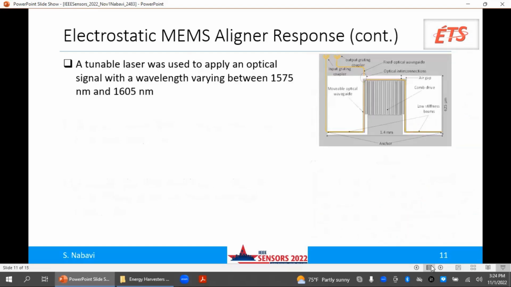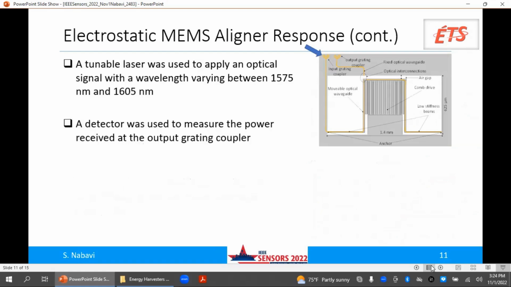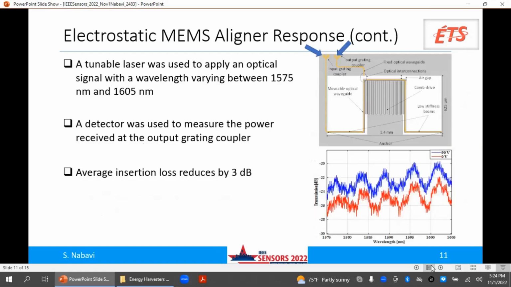So now let me show you the optical characterization. In order to characterize this linear actuator optically, we use the tunable laser. We apply light to the optical waveguide through the input grating coupler, and we also use the photodetector to measure the received power at the output grating coupler.